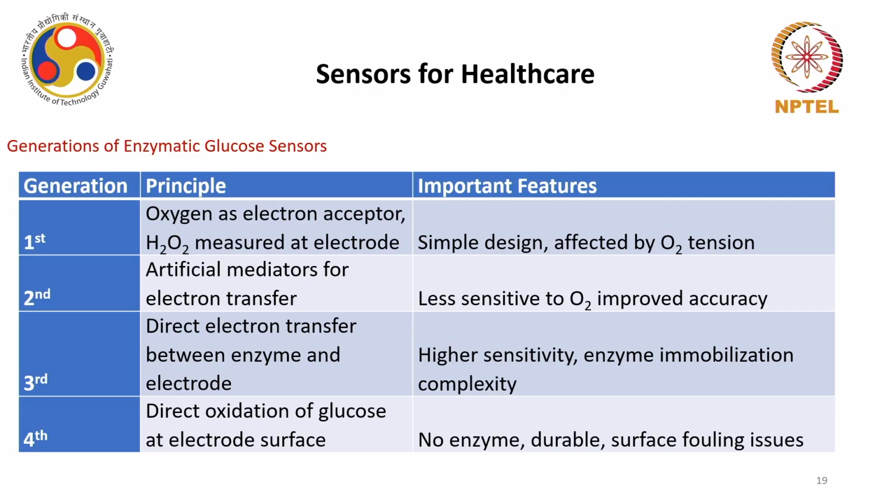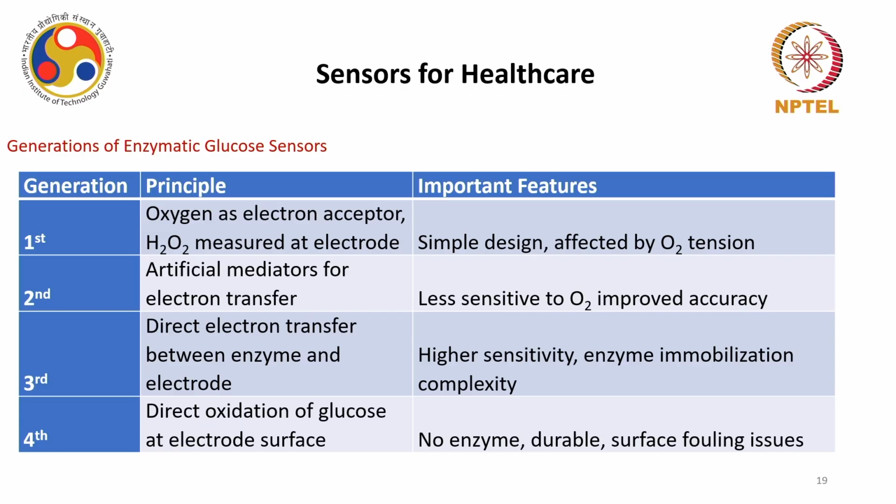These devices are less sensitive to oxygen, but then again you have another foreign material present in the form of mediator. The third generation of devices have direct electron transfer between the enzyme and the electrode, and that is why they have high sensitivity and good response, but then immobilization of these enzymes at the surface of the working electrode is challenging, and a lot of complexity is involved with the immobilization of enzymes.